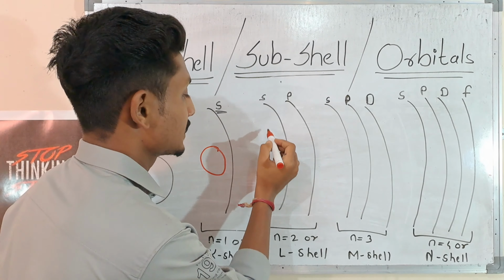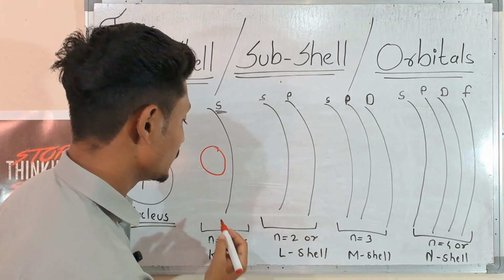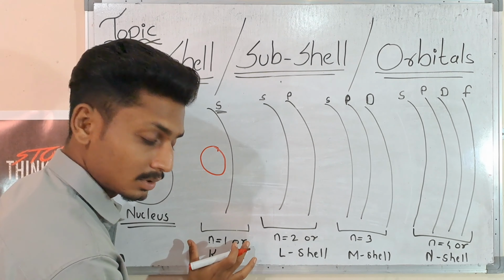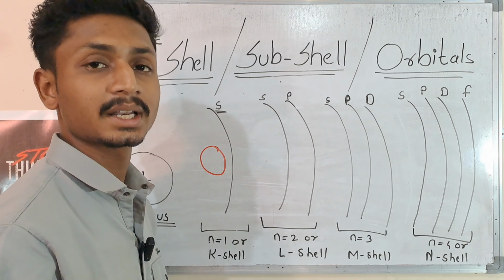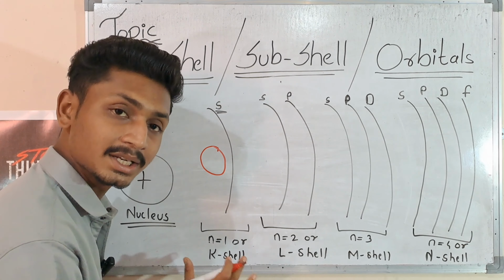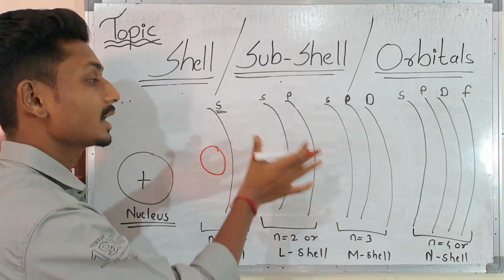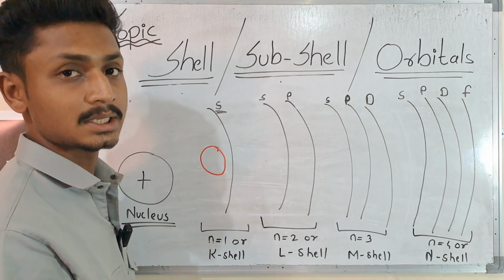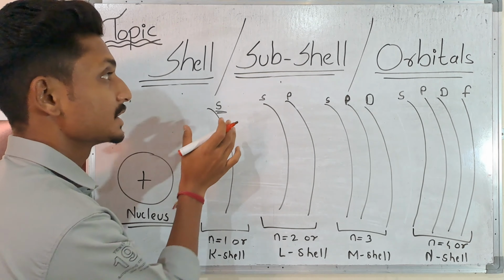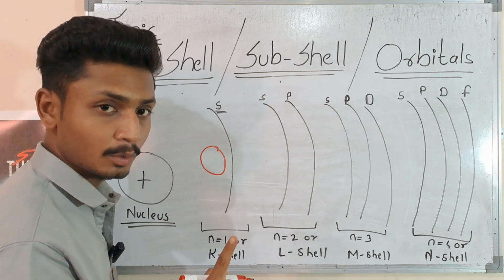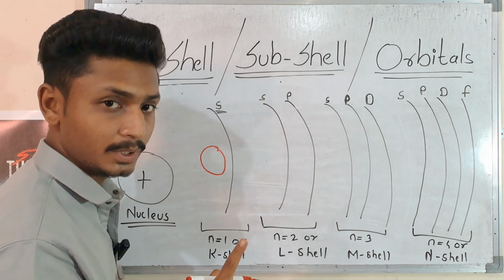And here n equals 1 means the first energy level, which is represented by the K shell. The K shell contains one subshell, which is known as S, and the S subshell contains only one orbital, and one orbital can occupy two electrons.